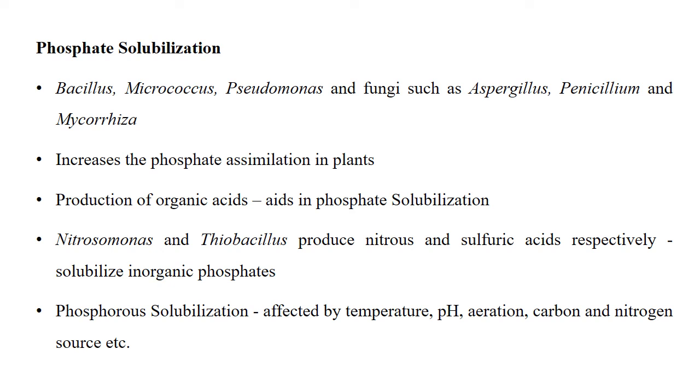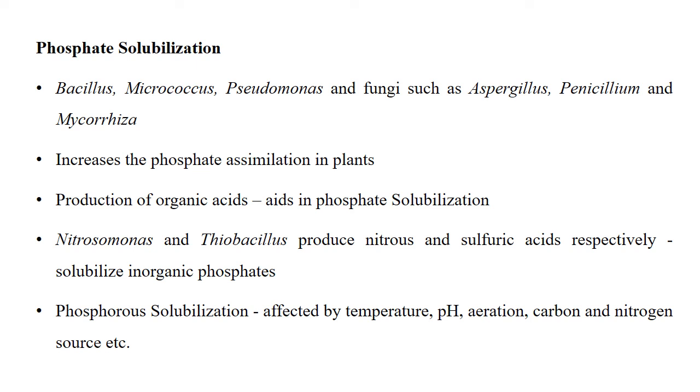So the presence of phosphate solubilizing microbial population increases the availability of assimilable phosphate for plants. The mechanism of phosphate solubilization is mainly by the production of organic acids. Nitrosomonas and Thiobacillus are capable of producing nitrous acid and sulfuric acid respectively, and they solubilize inorganic phosphate. The phosphorus solubilization by microorganisms is affected by a number of factors such as temperature, pH, aeration, carbon and nitrogen sources, etc.